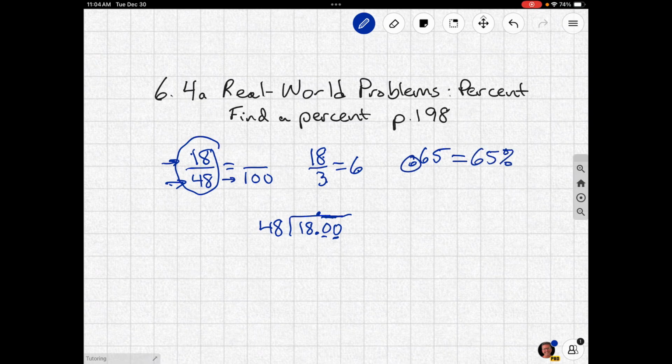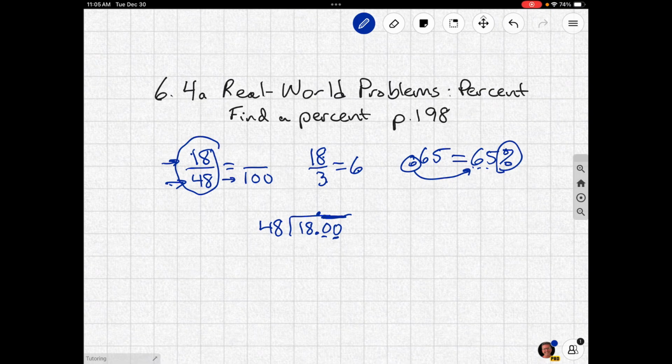I'm just dropping that decimal point and calling it a percent, which means 65 out of 100. So the numbers over here represent the out of 100, or the whole percentage of the answer, okay? So 48 does not go into 18, but does it go into 180?